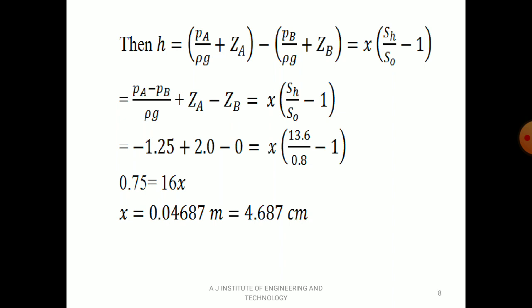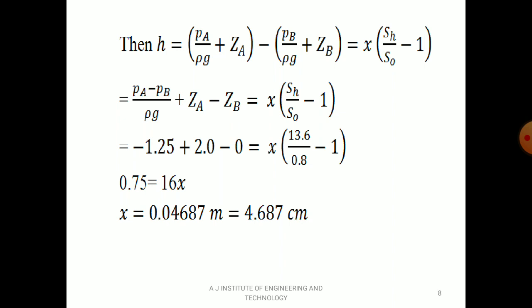So just rearrange: PA minus PB divided by rho g plus ZA minus ZB equal to x into SH divided by SO minus 1. So PA minus PB is minus 0.981 into 10 to the power 4, divided by rho g. Just remember, rho is not 1000 here.